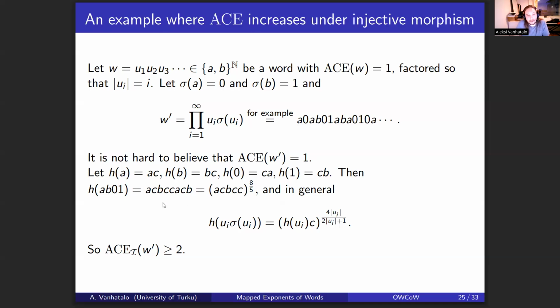The effect of this is that if you take the hidden square and map it with this morphism, you obtain an almost complete square. And when the hidden square gets larger in length, the result will be closer and closer to an actual square.